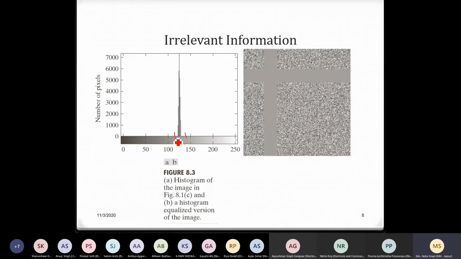Everything else can be encoded in a single bit or a lesser number of bits. Again, for the information which is not relevant to us, these symbols which are not used anywhere in the image, we can give them a different, smaller code, so that we save on the amount of data.